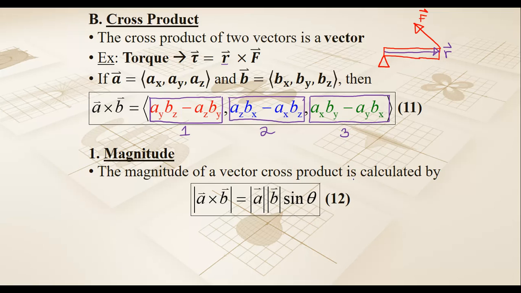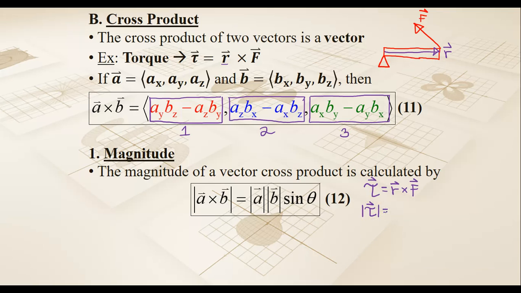Okay, so we know that torque is a vector cross product between your lever arm and the force. Now let's say you wanted the magnitude of torque.